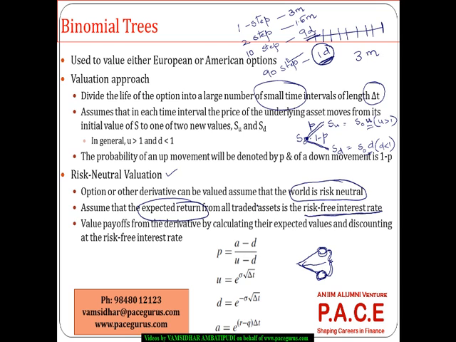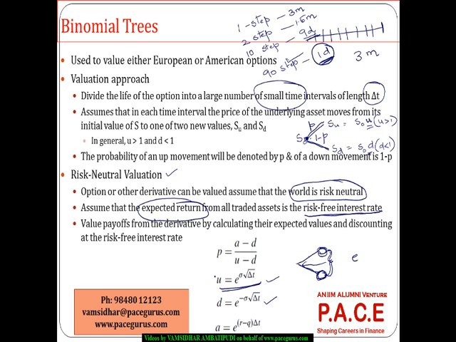Now this is what typically goes as a part of the valuation using binomial trees. Some of the things we have dealt with earlier: the up factor is e to the power of sigma root t, and the down factor is e to the power of minus sigma root t.